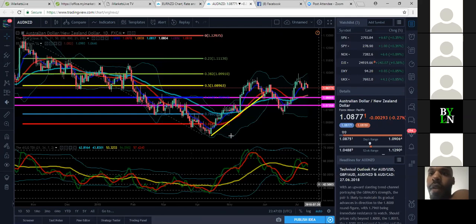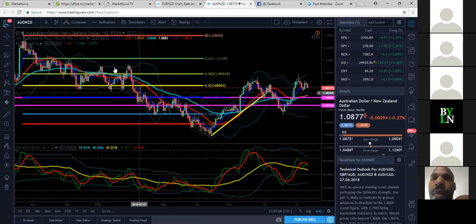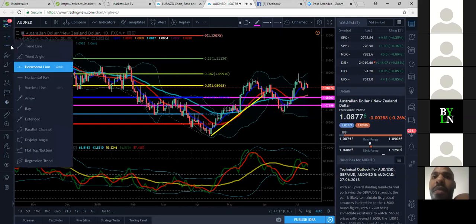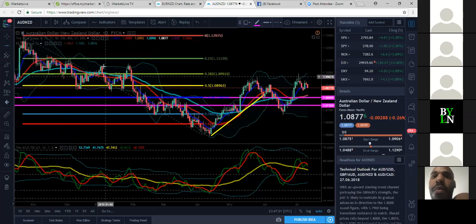Over the 0.382, right here? Yes, sir. Okay. So once you see a bullish followed by a bearish leaving the zone, you grab your horizontal line and you draw it off.